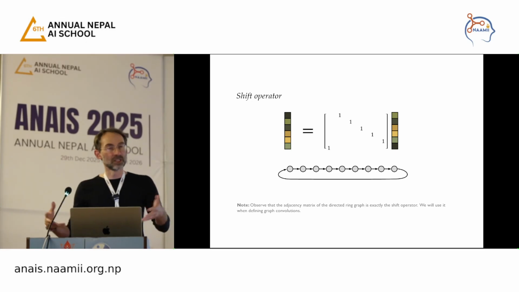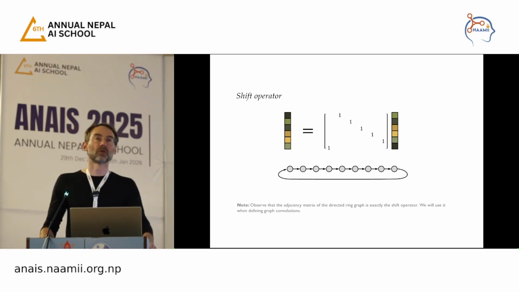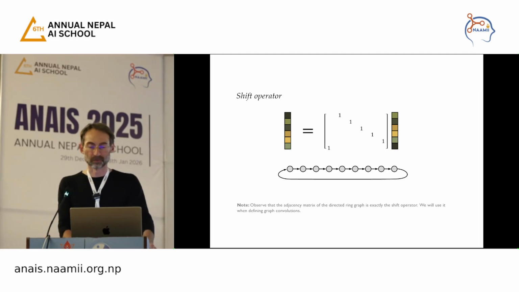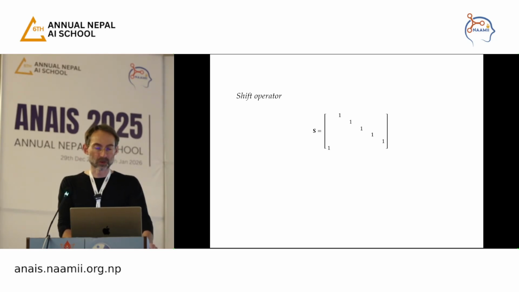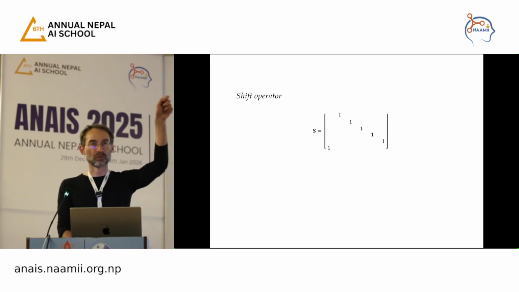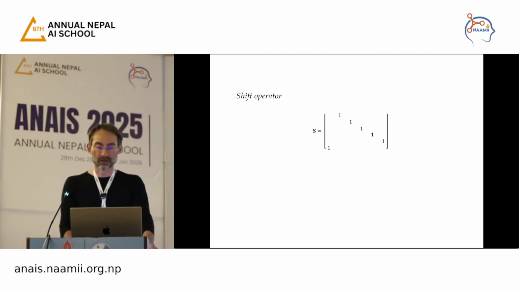This will allow us, and it is one of the ways of, extending convolutions to graphs. You can think of the shift operator as the adjacency matrix of the graph. But again, we'll talk about it later. So this is the shift operator, a matrix that has these off-diagonal elements.